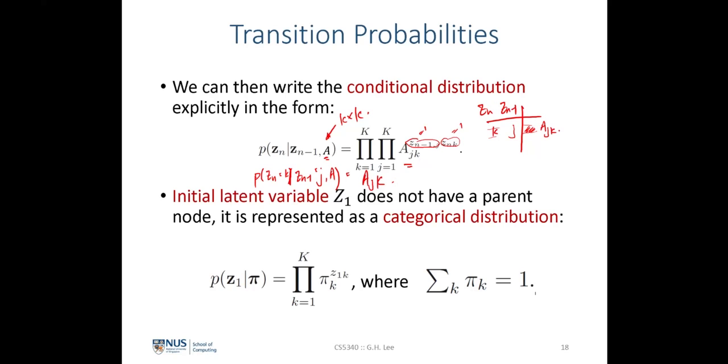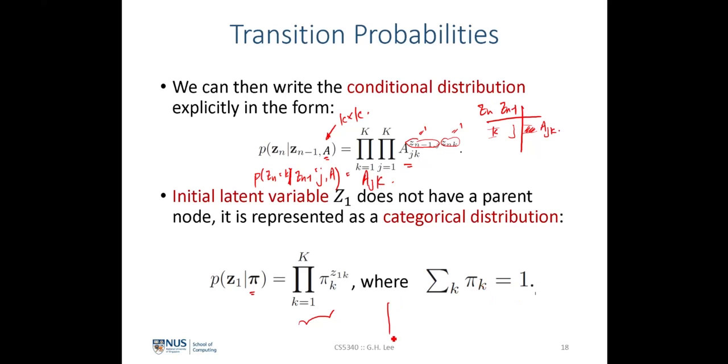And since the initial latent random variable Z1 does not have a parent node, it is represented as a categorical distribution. This is similar to the mixture model, which we have seen in the previous lecture. And we will say that the probability distribution of Z1 is conditioned upon pi, where pi over here is our categorical distribution parameters, which is written as this product term over here, where each one of these pi terms should sum up to be 1.